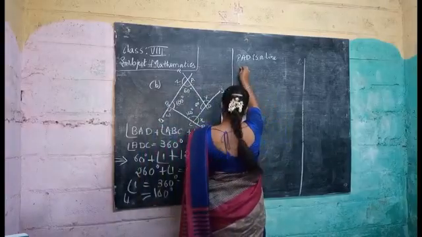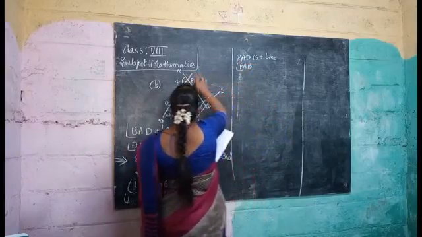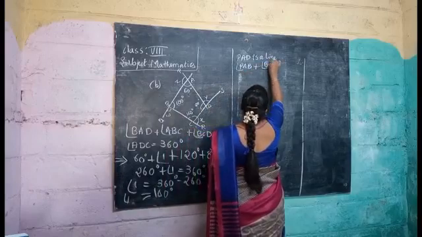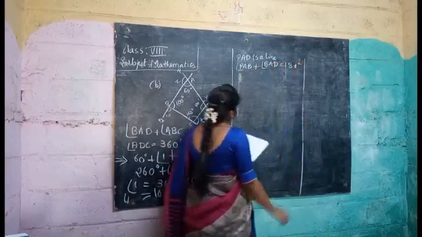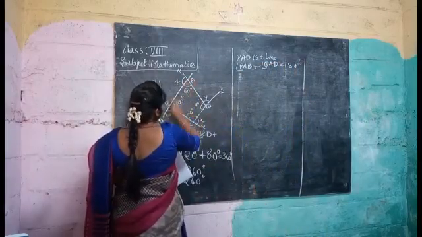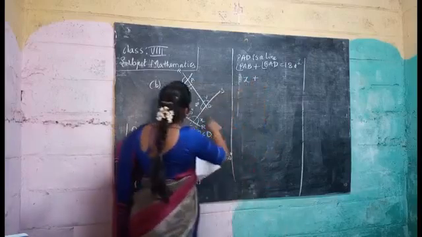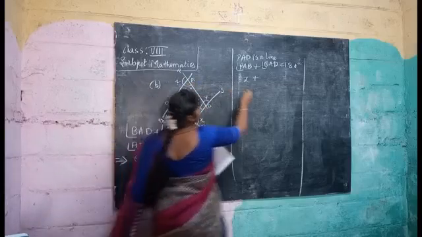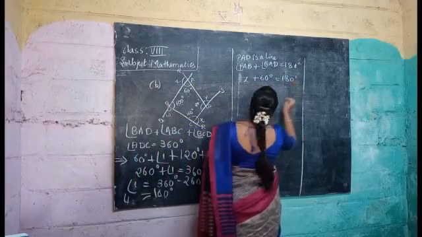First one, PAD is a line, so angle PAB plus angle BAD equals 180 degrees. PAB, how much is that? PAB is Z, plus BAD, the angle they gave, 60 degrees, equals 180 degrees.